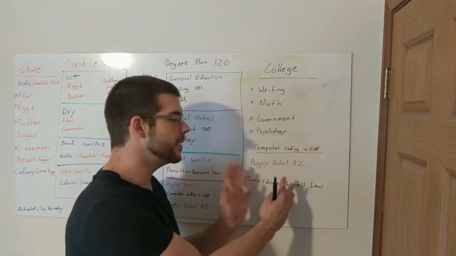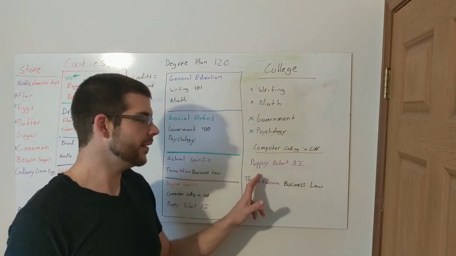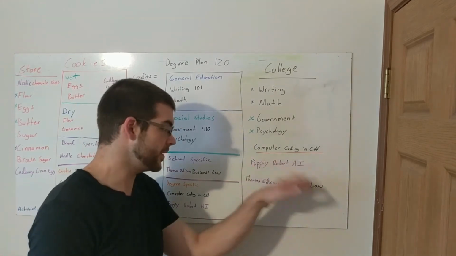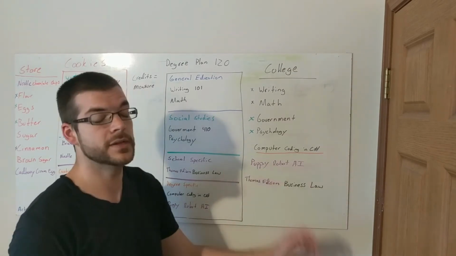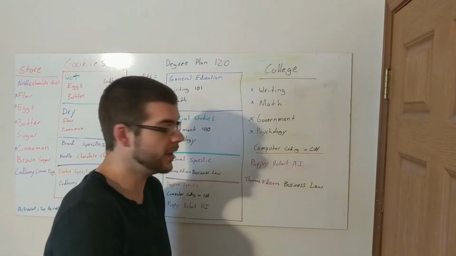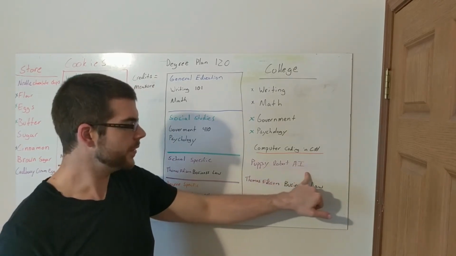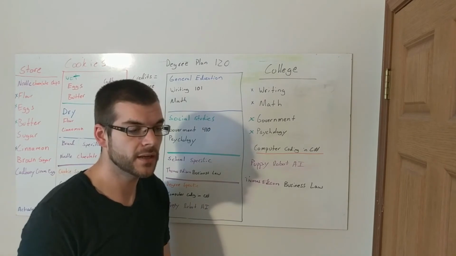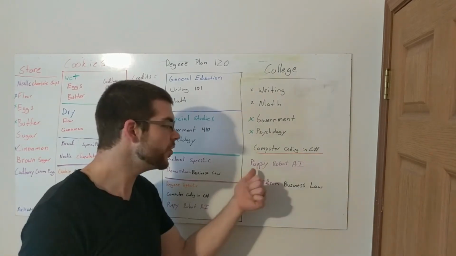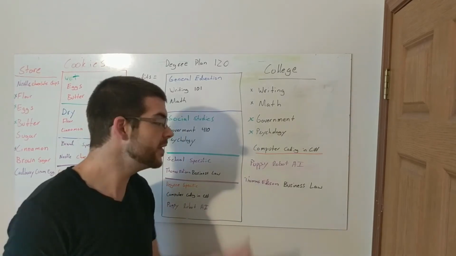The exact same thing is true with some college courses. Puppy Robot AI, as far as I know, doesn't exist as a course at a school, but I'm sure you can take a course on this topic somewhere, on Stack Social or something. Anyway, this might be a school-specific provided course, and you'll never be able to get this course anywhere else in this way.